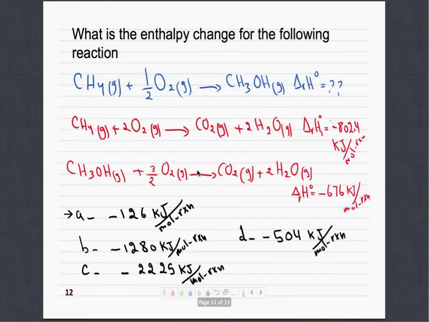Whatever we're doing right now is using Hess's law to calculate the delta H's.